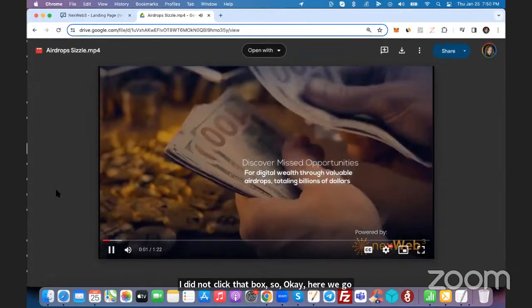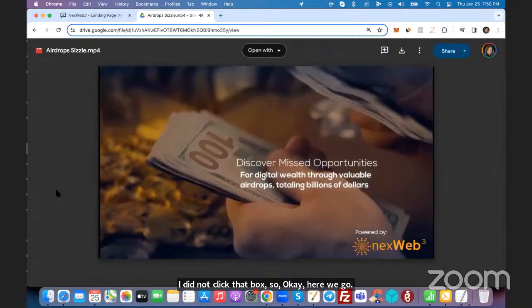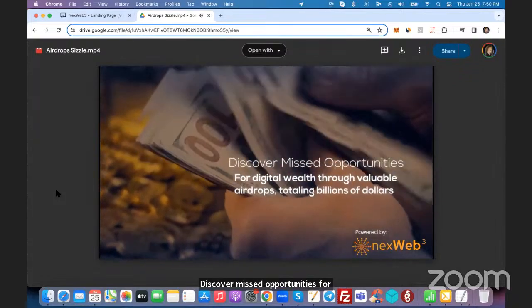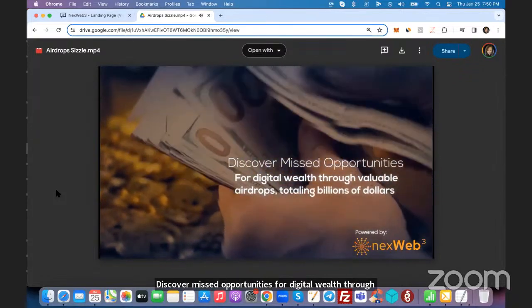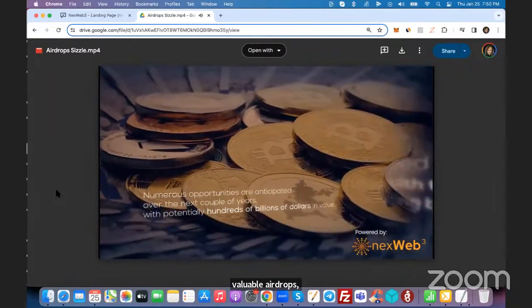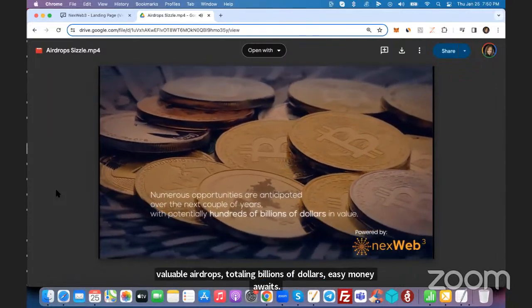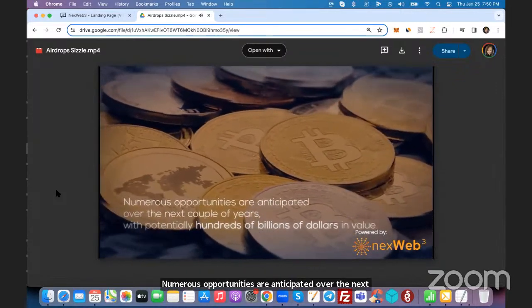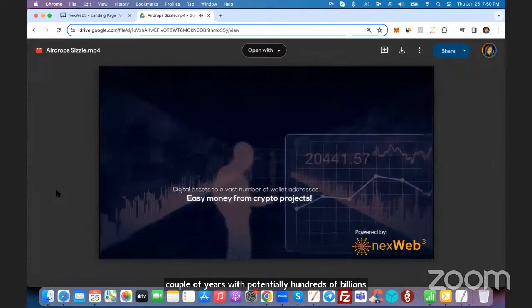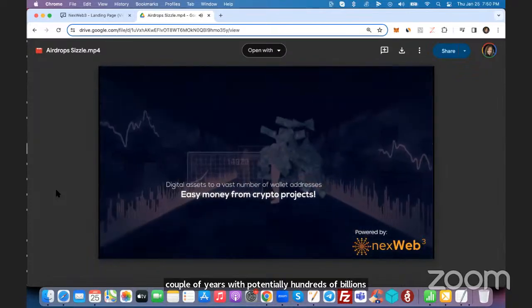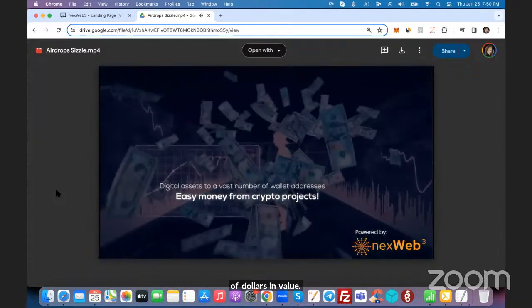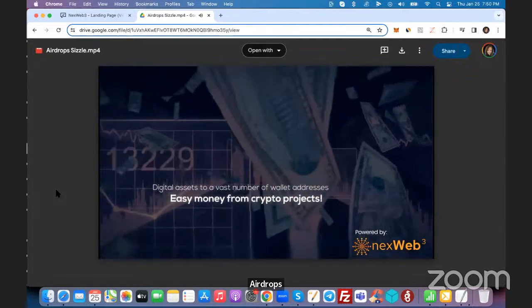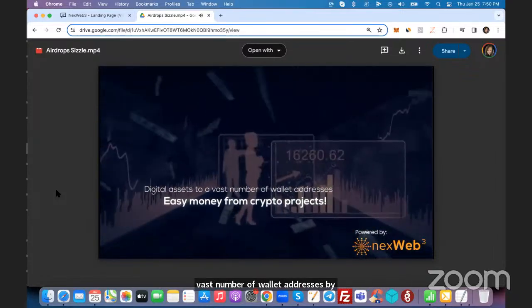Discover missed opportunities for digital wealth through valuable airdrops totaling billions of dollars. Easy money awaits. Numerous opportunities are anticipated over the next couple of years, with potentially hundreds of billions of dollars in value. Airdrops involve the distribution of digital assets to a vast number of wallet addresses by promoting the project.